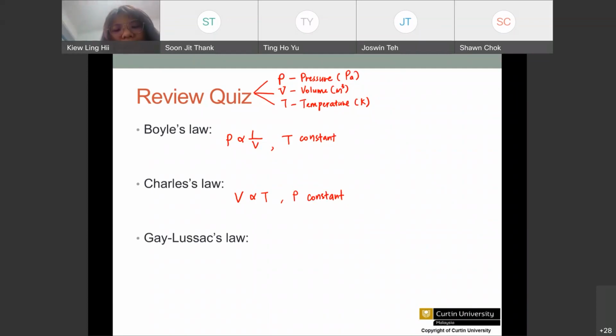Gay-Lussac's law says the pressure is directly proportional to the temperature when your volume is kept constant. So this is just like your pressure cooker at home.